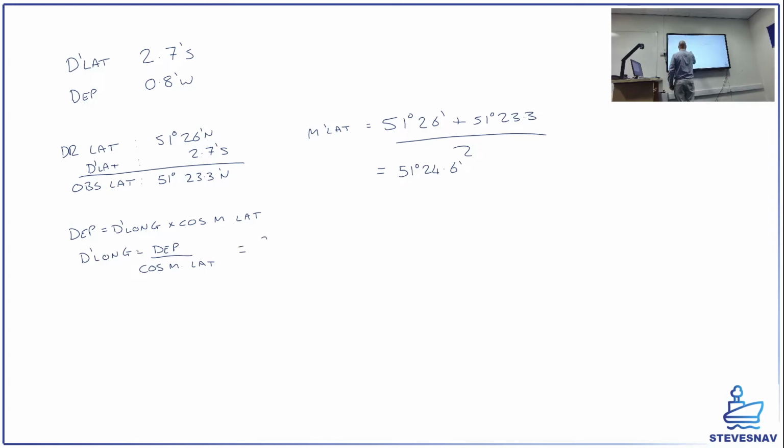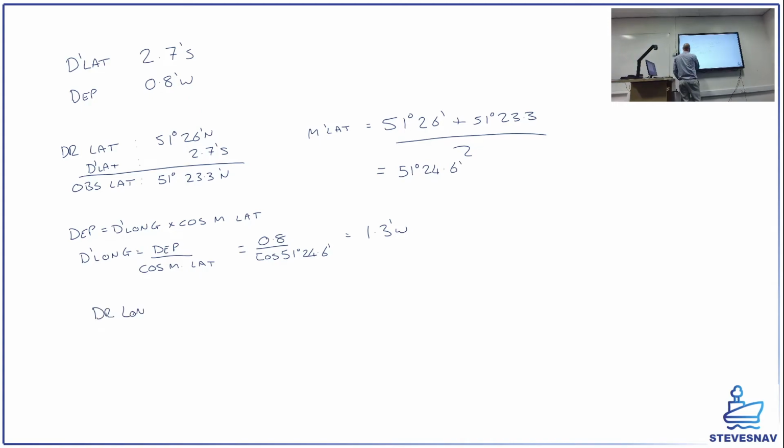So that's going to be 0.8 divided by cosine 51 degrees 24.6 minutes, which is going to be 1.3 minutes west. So, my DR longitude was 6 degrees 43 west. My D long is 1.3 minutes west.